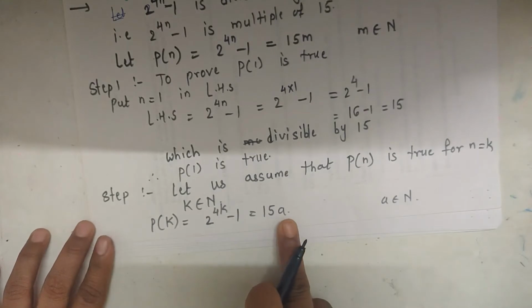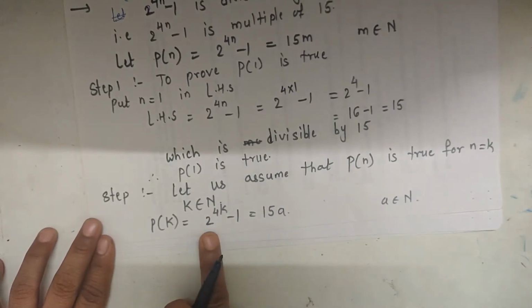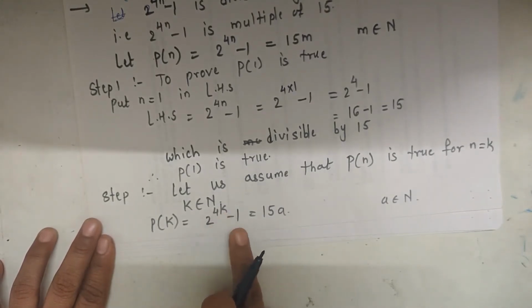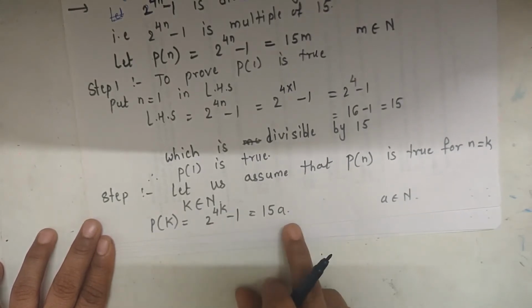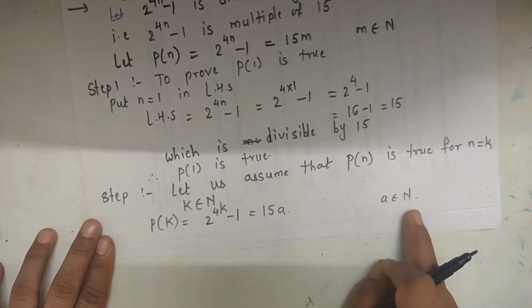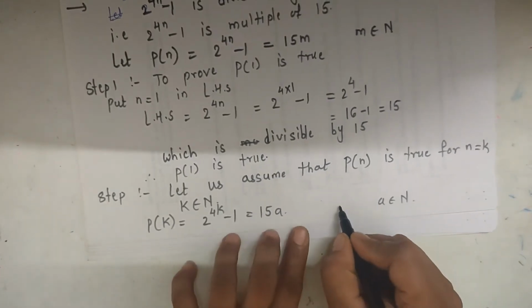Here a is the second factor on the right side.